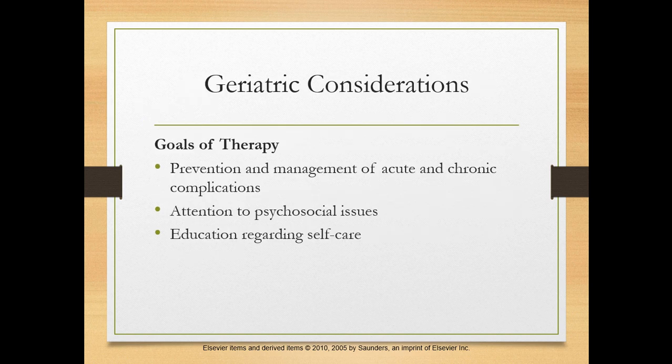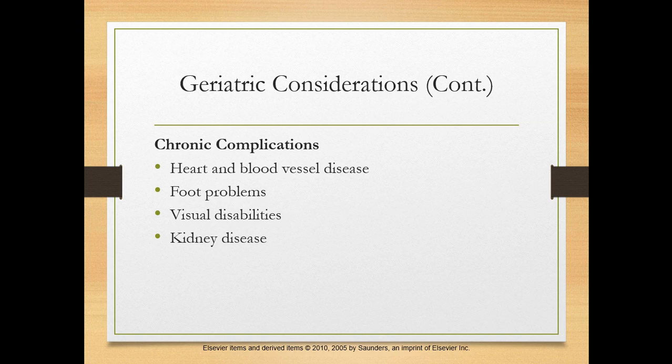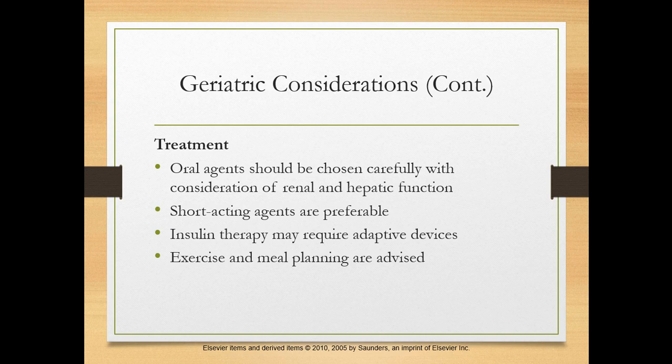We also have geriatric considerations, again not much different than the other slides we went over. But just know what happens during acute and chronic complications, which again is pretty much the same as type 2 diabetes. And treatments are listed here.